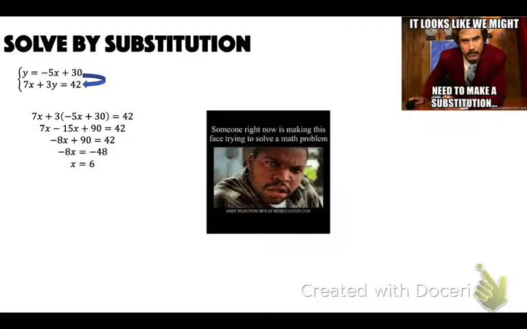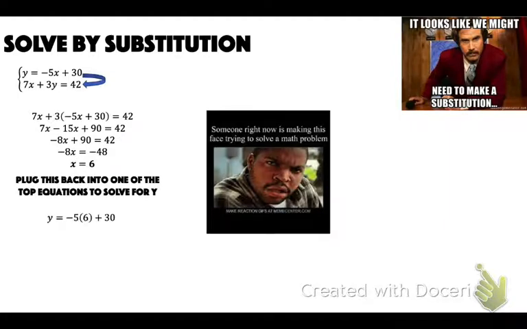We have solved for the x value, but we need to solve for the y value because remember our solution is a point. So now I need to take that and plug it back into one of the top equations. I'm going to plug it into the equation that is already solved for y. So that's going to be y equals negative 5 times 6 plus 30.